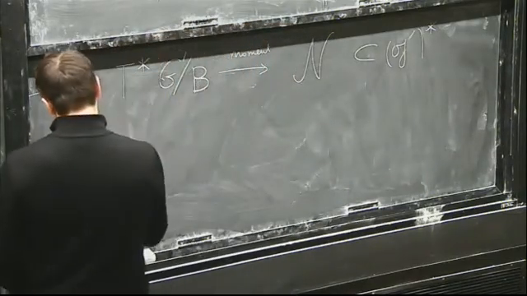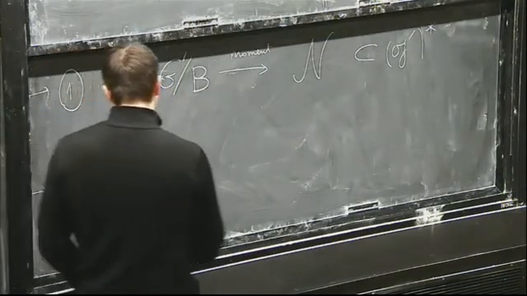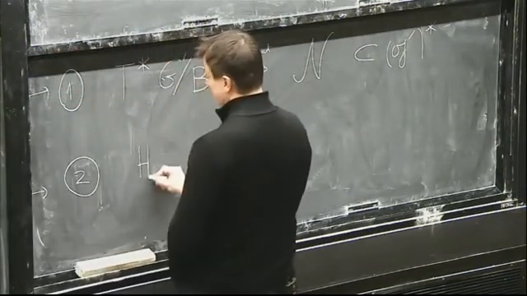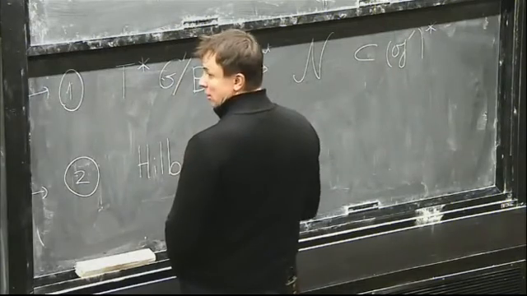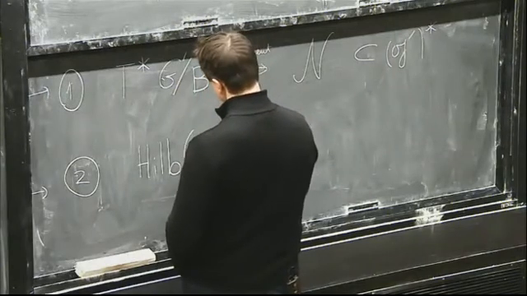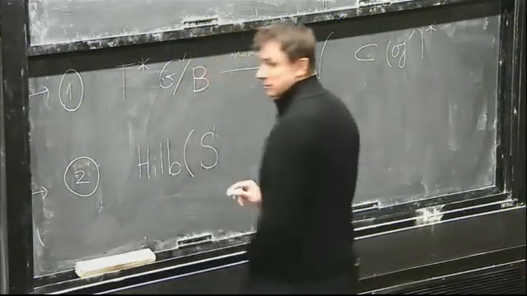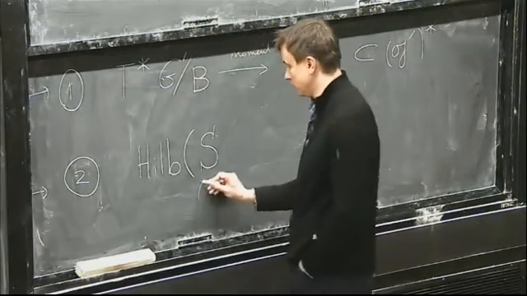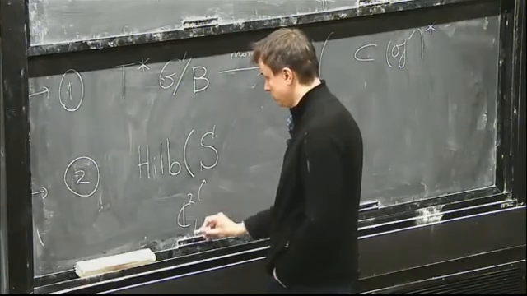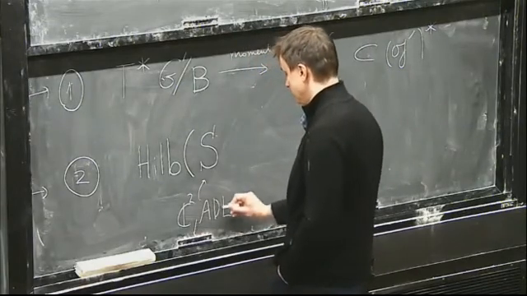And then the second thing is different. I can take the Hilbert scheme of points on a symplectic surface S. This would be a symplectic surface such as, for example, just C2, or more generally some ADE surface.